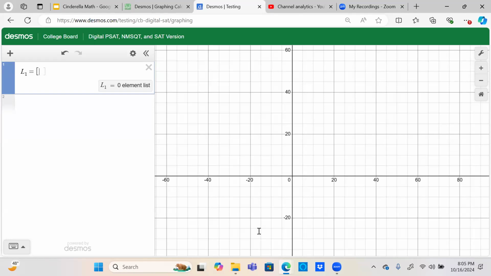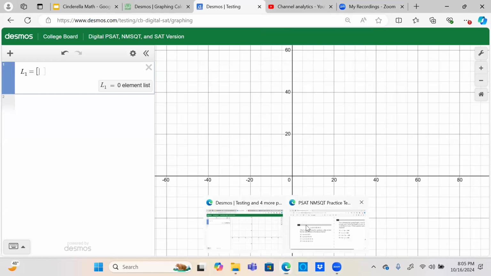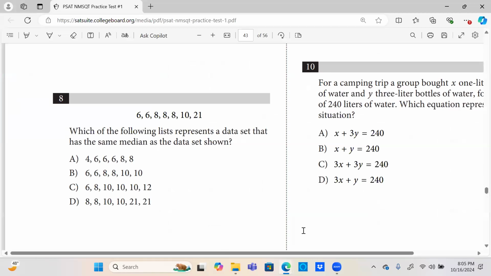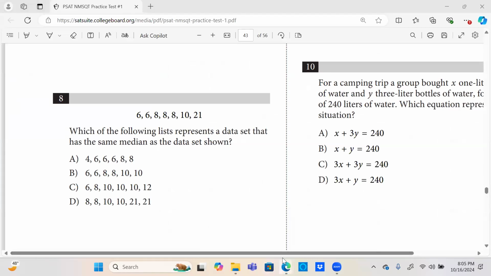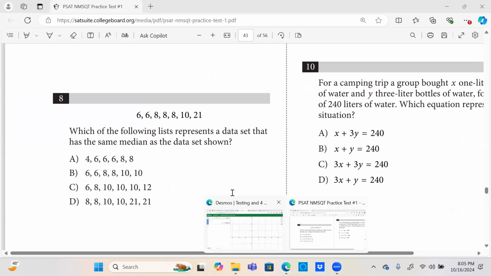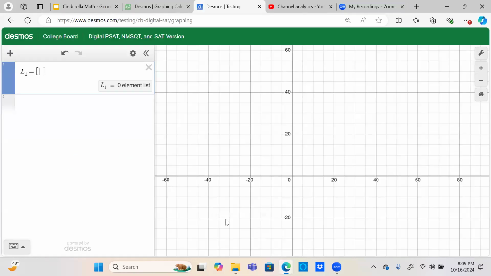And then you would just type in that list, which was, let me see here, the original list in the problem: 6, 6, 3 8s, 10, and 21. You do want to put commas in between because it is a list.